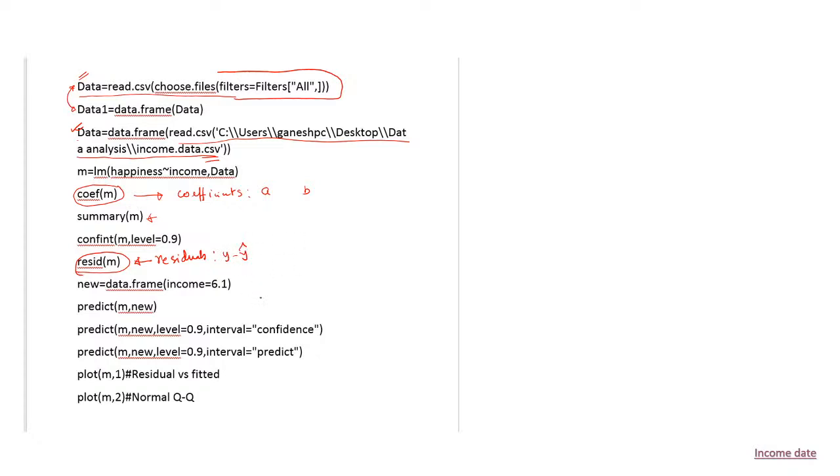And for prediction, suppose you want to predict happiness when income is 6.1. Suppose I choose 6.1, which is within the sample range of income. So in that case, you first use this command data.frame income equal to 6.1.